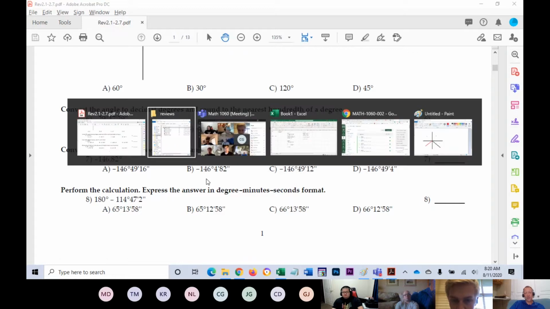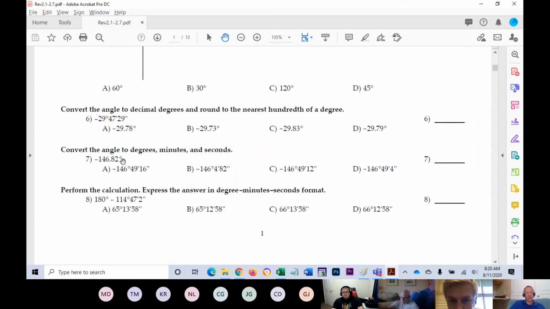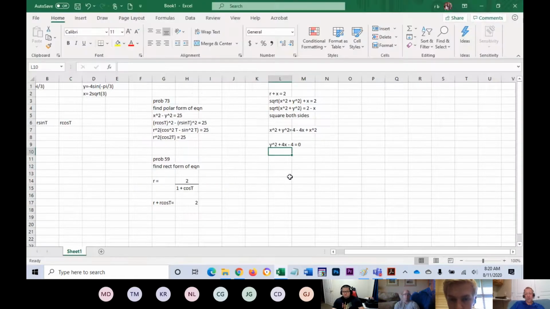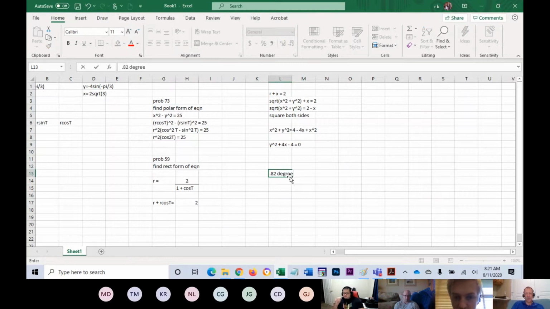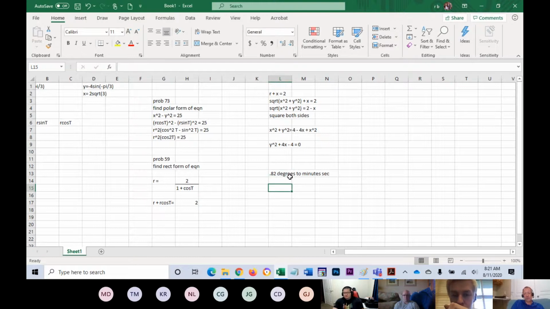Okay. So we're converting, so we can kind of ignore the negative. So it's the 0.82 degrees that we're most concerned around. So I've got 0.82 degrees to minutes and seconds, okay?